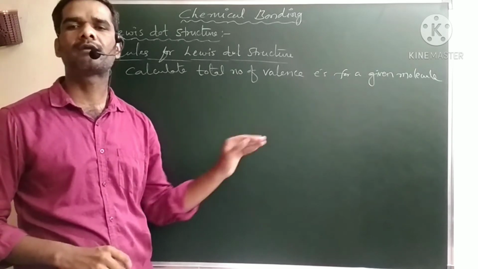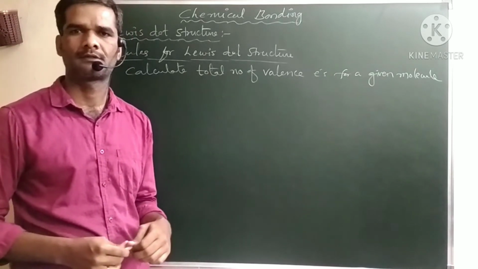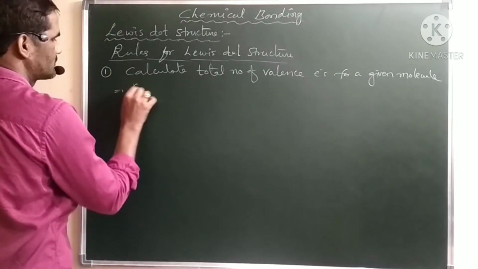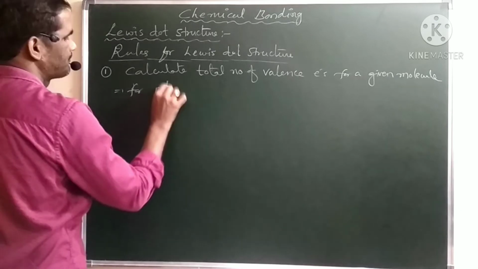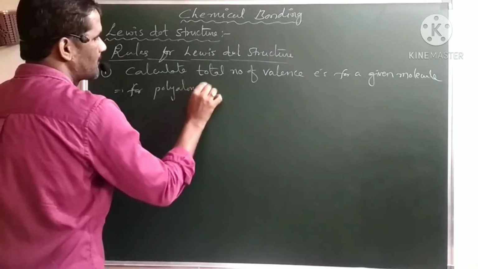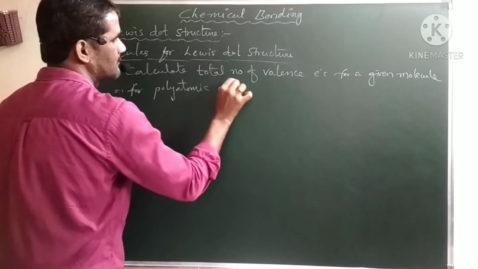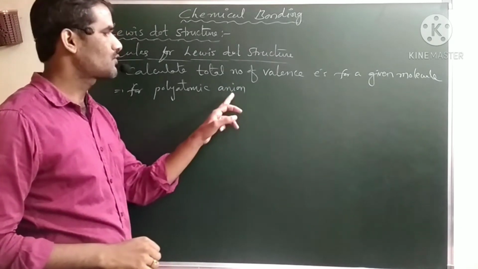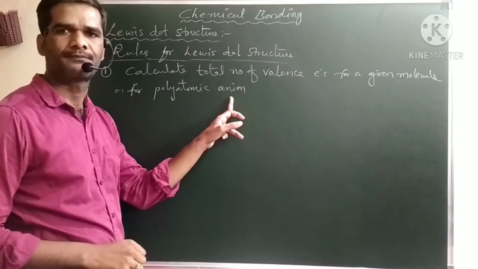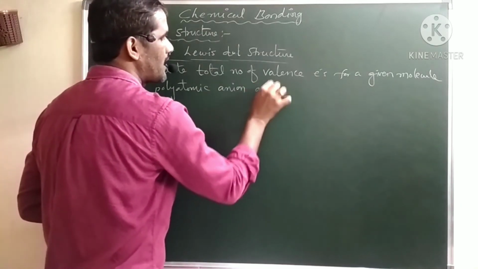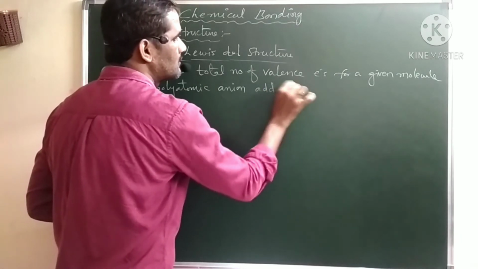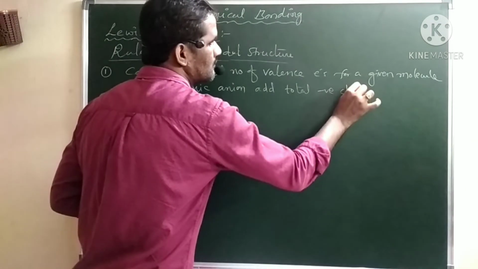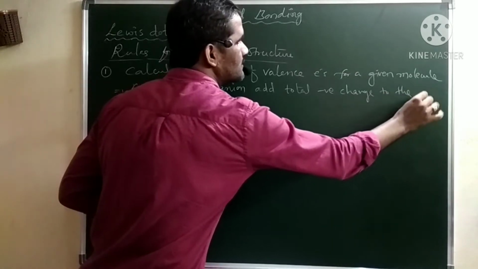If the molecule is a polyatomic anion, then you have to add the total negative charge to the valence electrons.